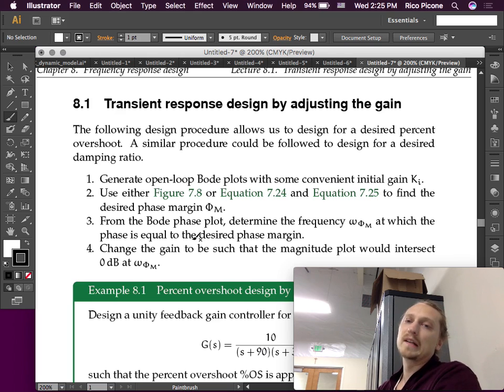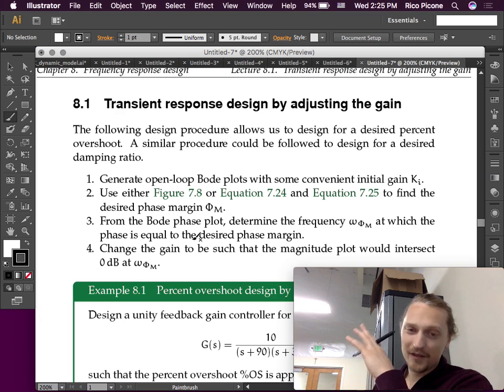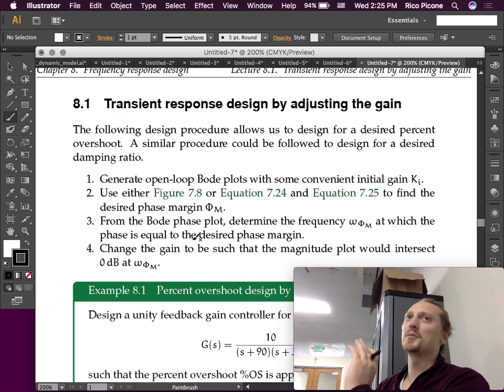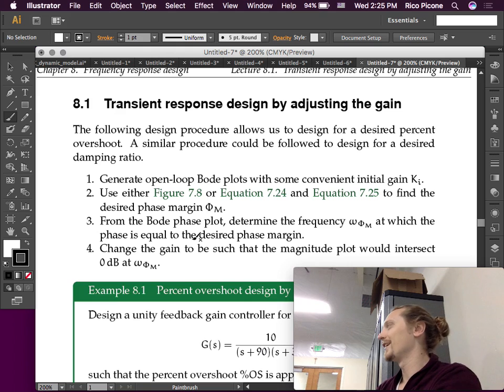So you're given a desired damping ratio or a desired % overshoot, and these equations and that figure relate % overshoot to phase margin directly. The gain margin depends on a few parameters that are coupled, but phase margin is just directly related to % overshoot and damping ratio, which are essentially equivalent.